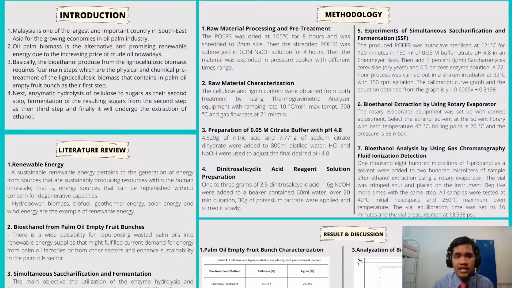The first is the physical and chemical pre-treatment of the lignocellulosic biomass contained in palm oil empty fruit bunch. Next, enzymatic hydrolysis of cellulose to sugars is the second step, fermentation of the resulting sugars is the third step, and finally, it will undergo the extraction of ethanol.